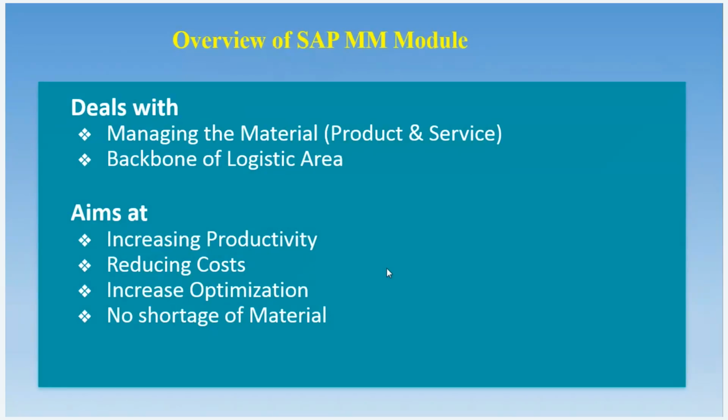Now, a service you cannot store. For example, I am giving a training, it is a service. Can you store my services? No. But if I give you a packet of pens, pencils, chocolates, you can store it because that is physical material. So services you cannot store. When we talk about managing the material, material means products as well as services. We manage both in material management.